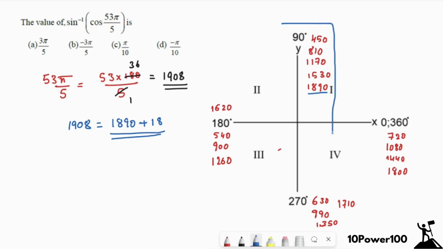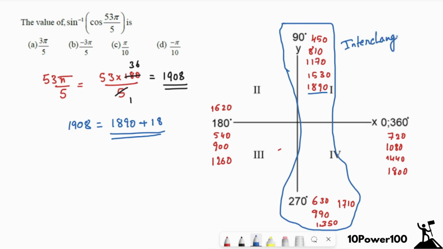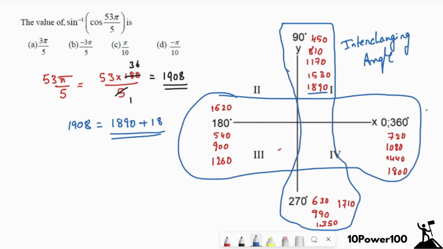Whatever angle we get in this line, that is interchanging. And the angles on the x-axis are non-interchanging. Interchanging means cos to sine, sine to cos, tan to cot, cot to tan, secant to cosec, or cosec to secant.